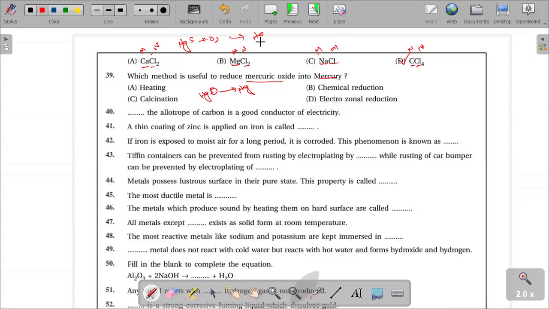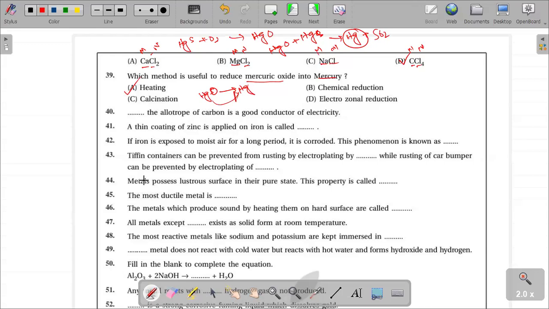This is the first step. Again, the HgO reacts with the cinnabar, HgS, and you will get Hg plus SO2. So you have to heat strongly. That is the roasting method. If you heat strongly, automatically you will get Hg.